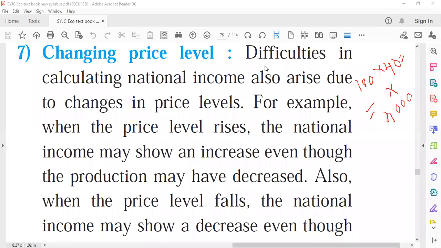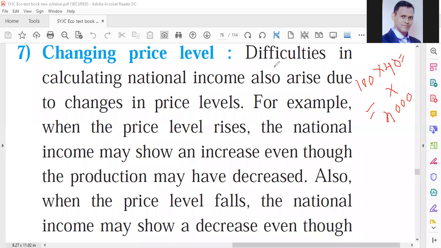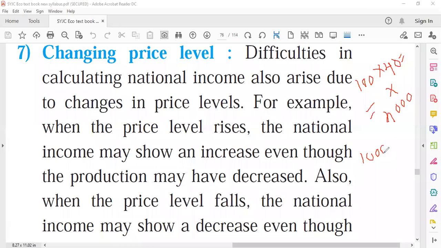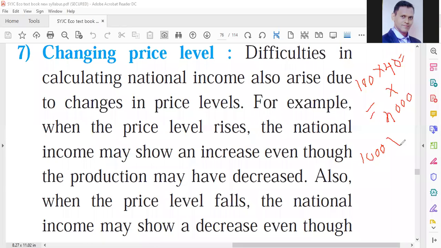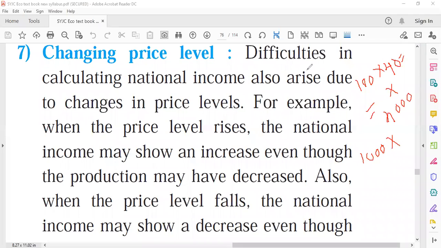Now suppose that the prices of agricultural goods fluctuate. Now we will consider that production remains the same. अभी production same है, लेकिन अभी क्या हो रहा है, that price of rice it increases.